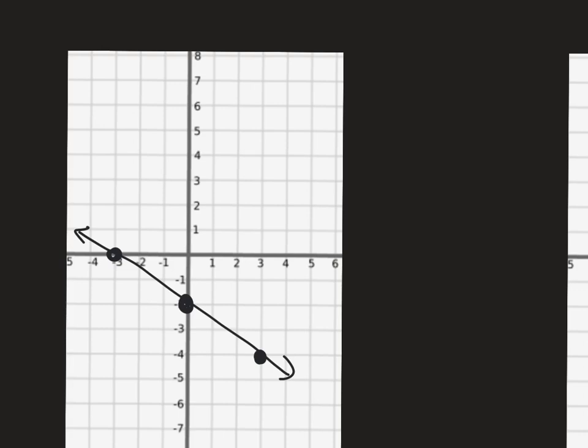All right, let's see if we can figure this one out. I need a slope. What is my slope? Well, I think I'm going down 2 and to the right 3.